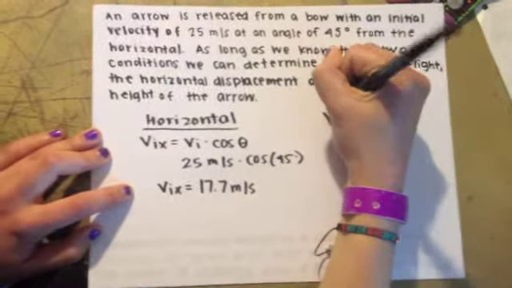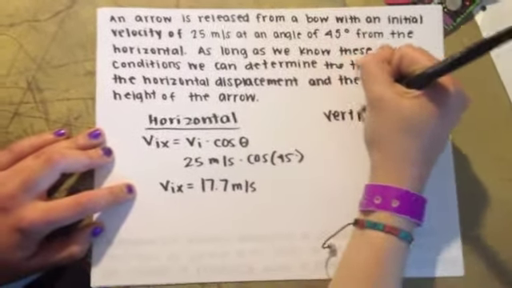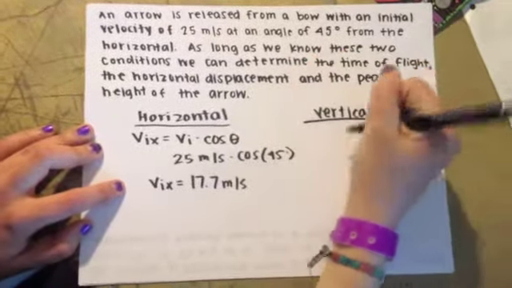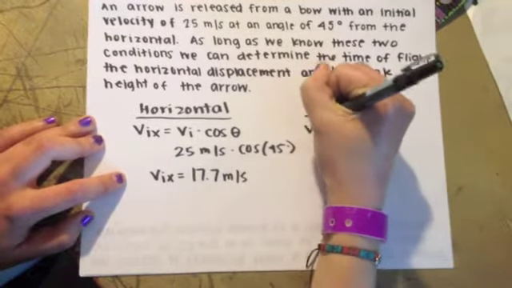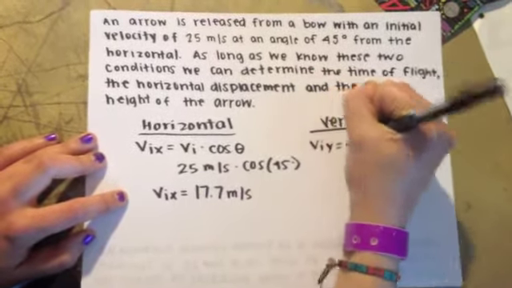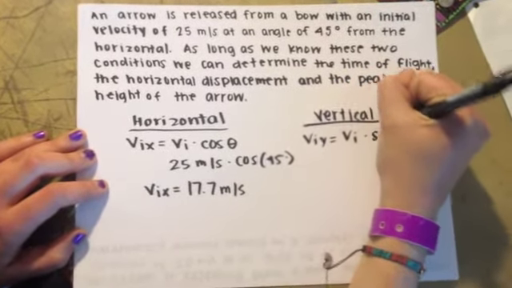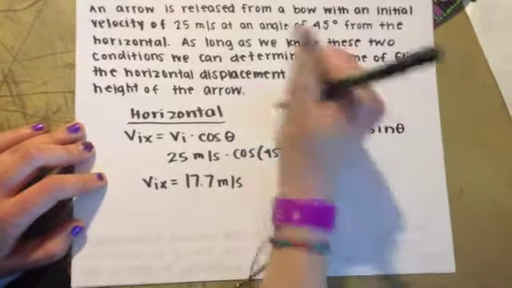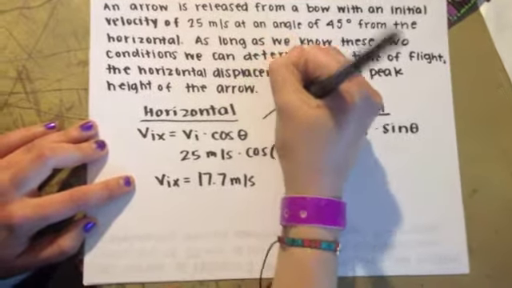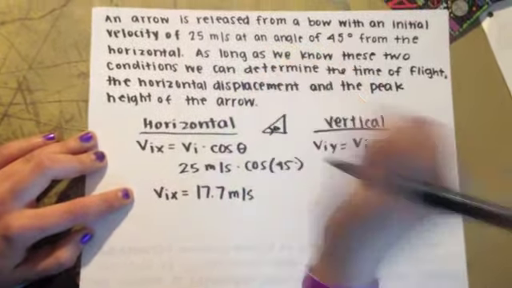Now we have to do the vertical direction, which is the same equation. The velocity in the y direction is equal to the initial velocity times sine theta instead of cosine. That goes back to triangles and theta, which we all learned in geometry.